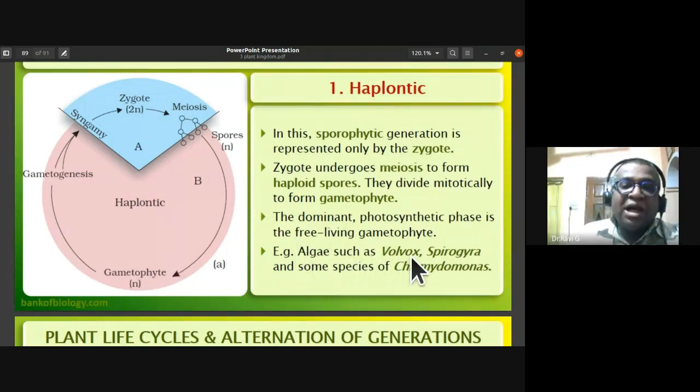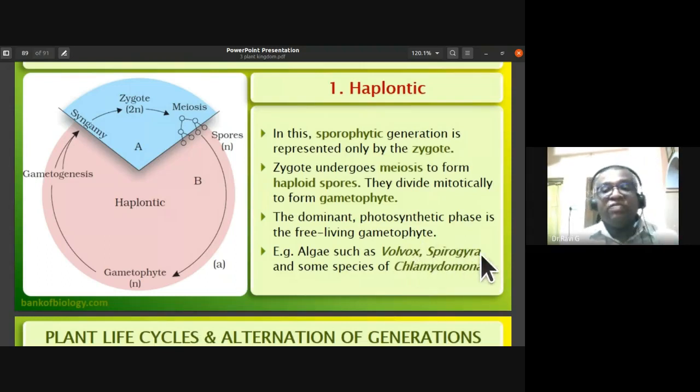Examples for this are algae such as Volvox, Spirogyra, and Chlamydomonas. These sorts of haplontic life cycle you can notice in examples you should remember: Volvox, Spirogyra, and Chlamydomonas. They exhibit this haplontic life cycle. So almost all of them are algal forms.